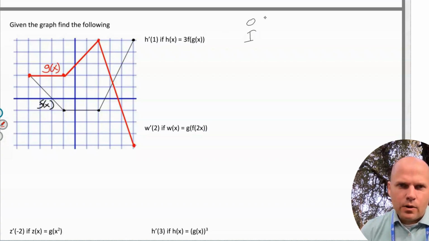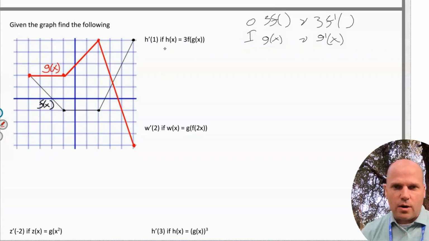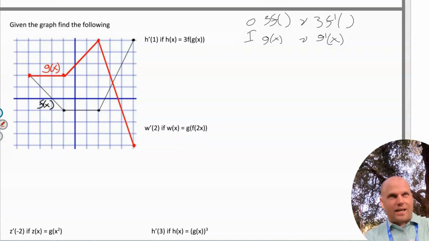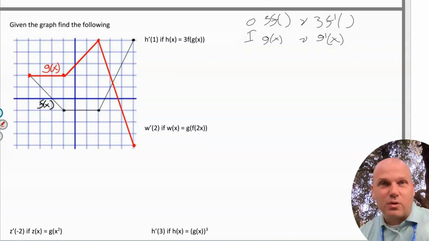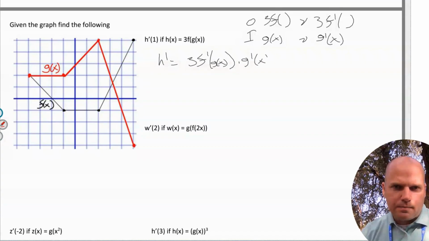OI, 3F, G, 3F slopes, 3F prime, G prime of X. You don't need an OMI, but the next one we do need an OMI because the derivative of the 2x is not just 1. The derivative of the 2x is 2. So that's important. So here we go. H prime equals 3 F prime, what starts in the parentheses stays in the parentheses, times G prime of X at 1.